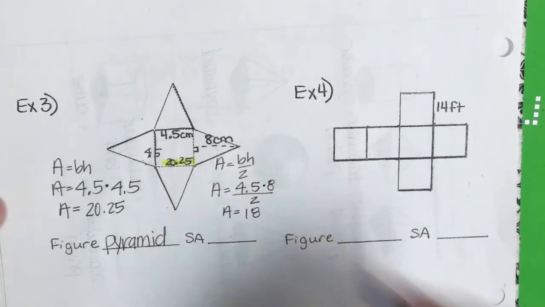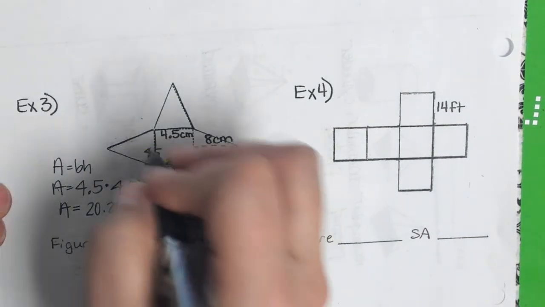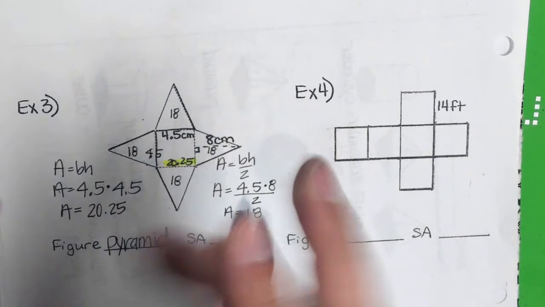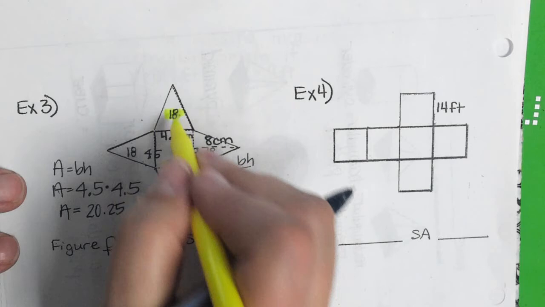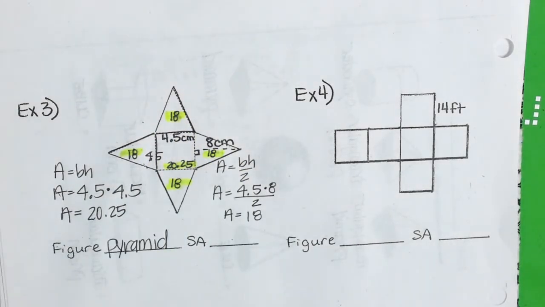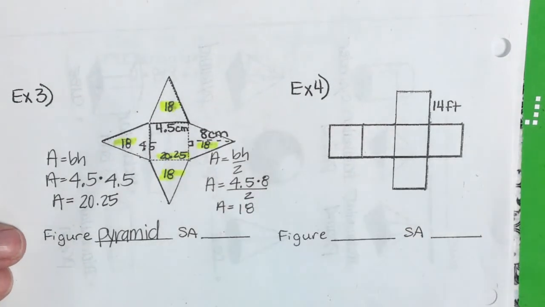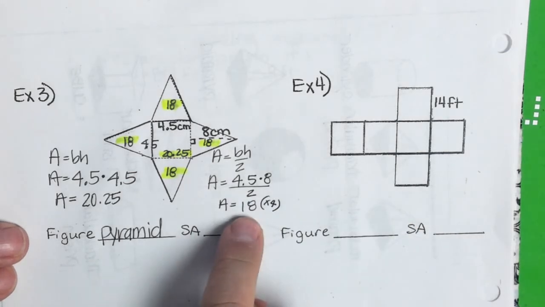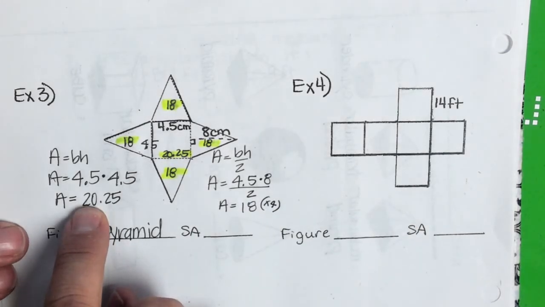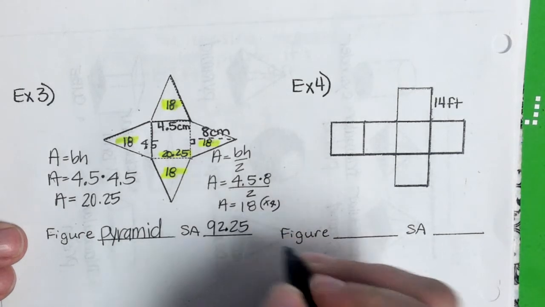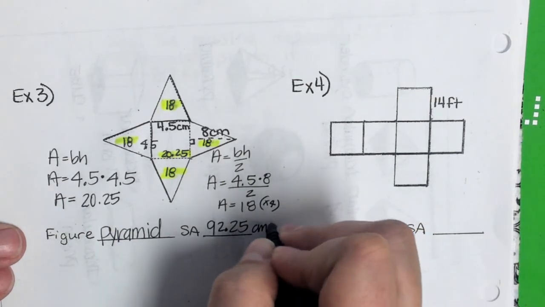We like 18 today, don't we? So there's 18 in each of these triangles. The reason it's not half of your square is because your height is different on each of them. How many triangles do we have? 4, so I can do that times 4. And then we add the square. You got it, 92.25, and that is centimeters squared.